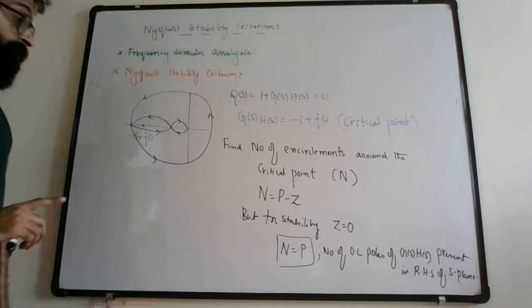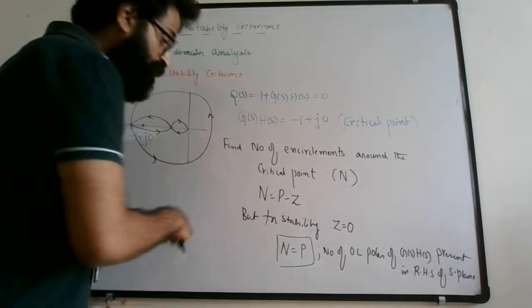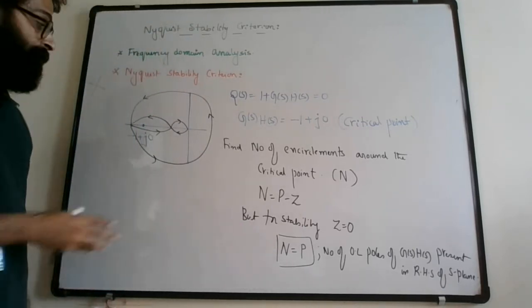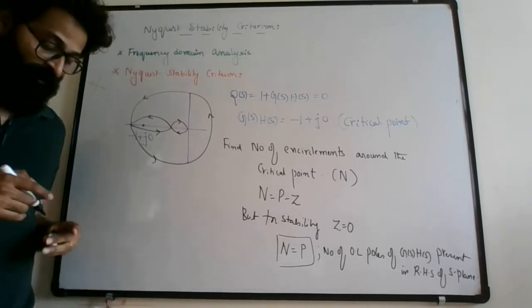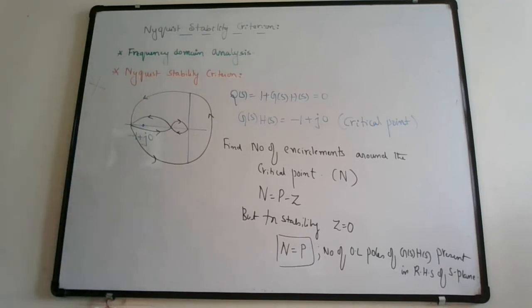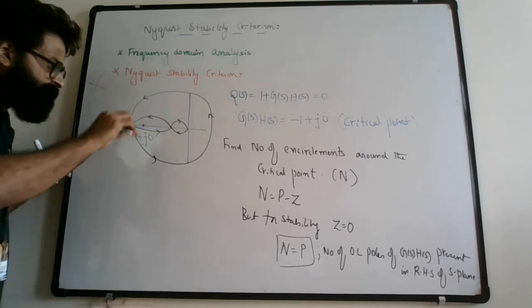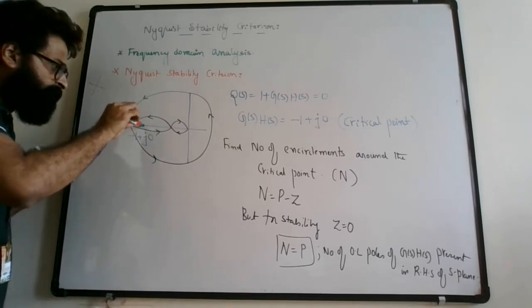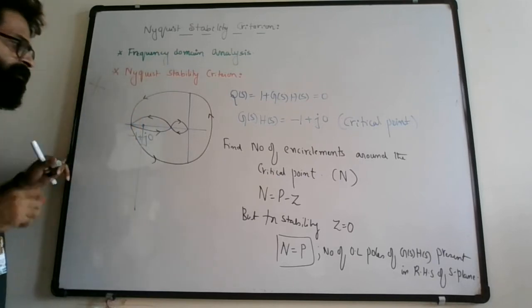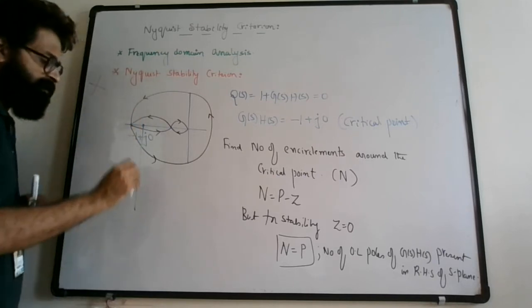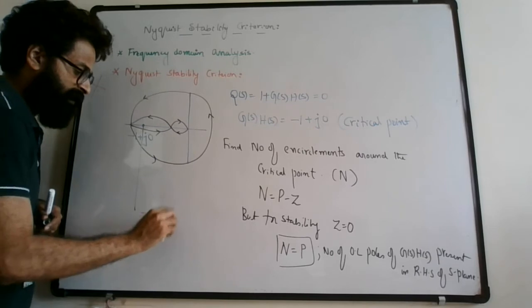Now, the question is, how will you find the number of encirclements from the Nyquist diagram? In order to find the number of encirclements from the Nyquist plot, you have to simply draw a test line. This is called a test line.